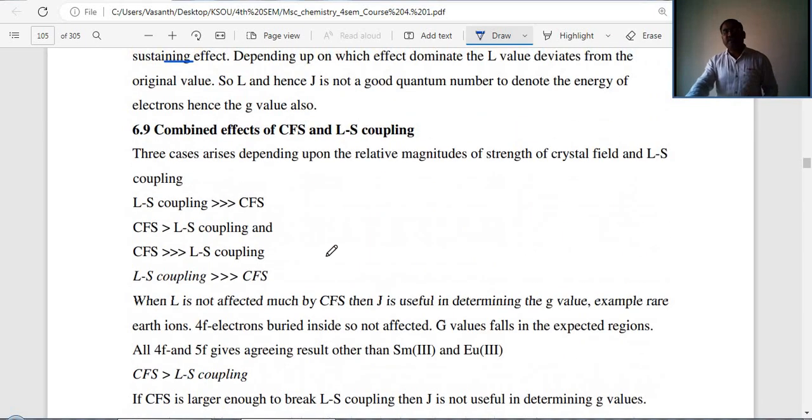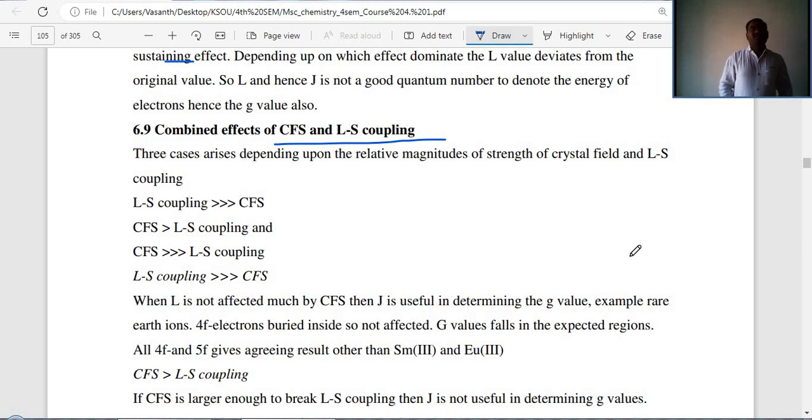What are the combined effects of CFS and LS coupling? The LS coupling is greater than CFS. The CFS is greater than LS.